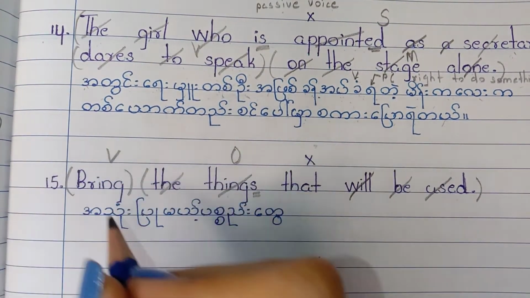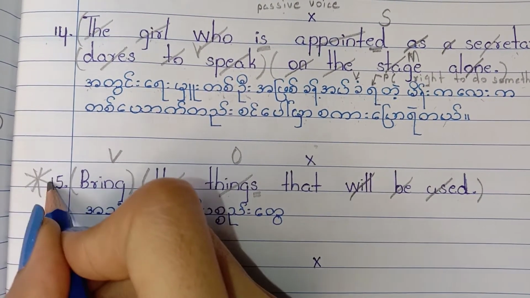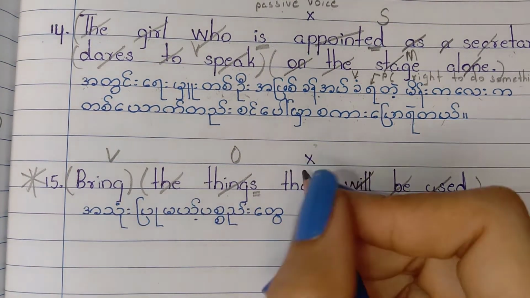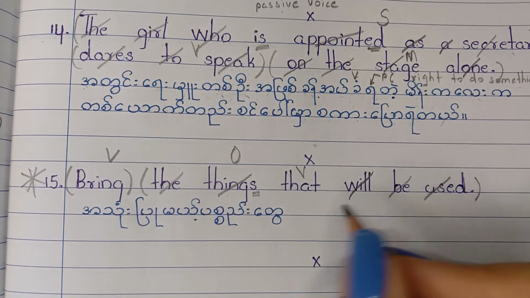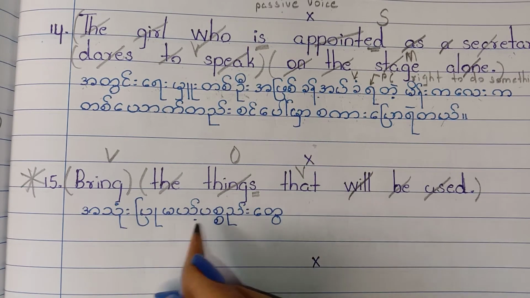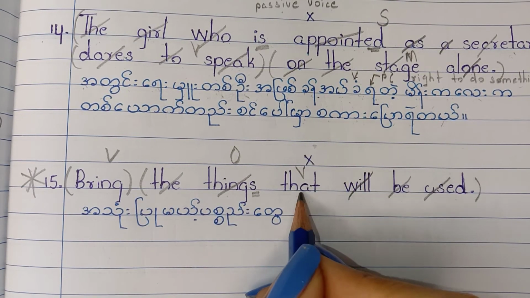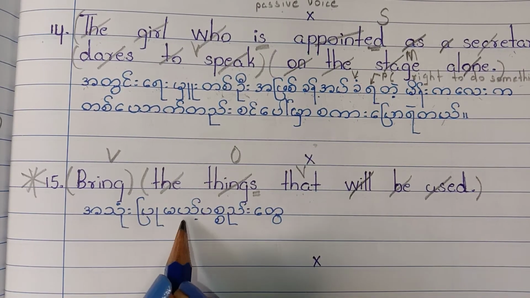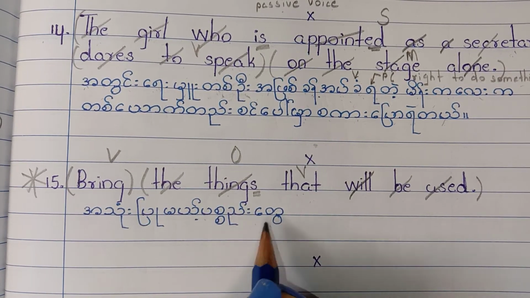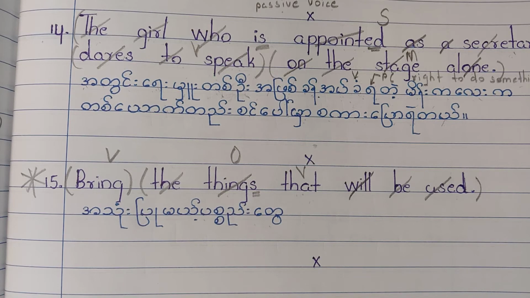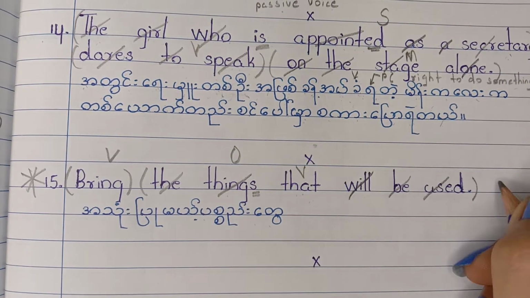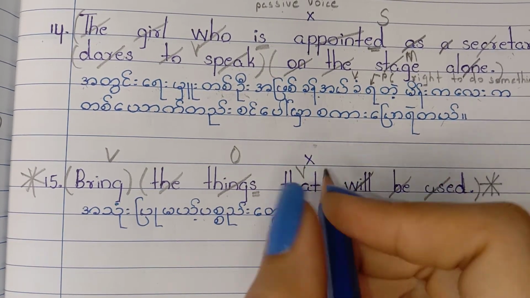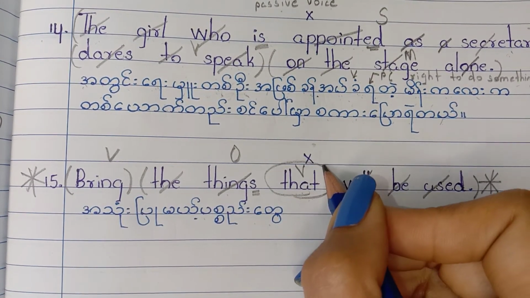For this sentence we no need to translate this that, because if we put this that here it will be awkward, so our conversation is not smooth. That's why for this sentence we will omit this that.